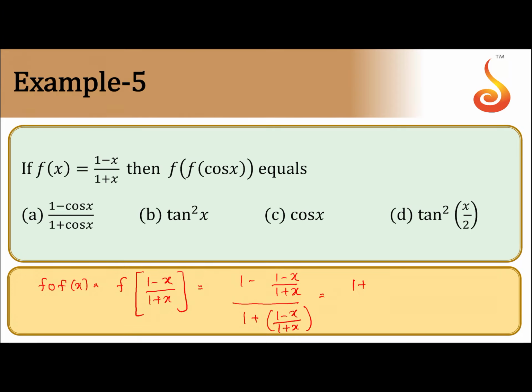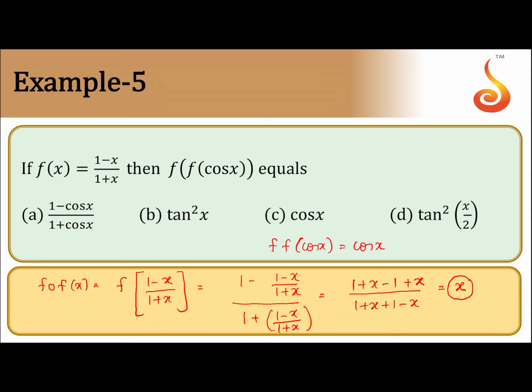So we get 1 plus x minus 1 minus plus x divided by 1 plus x plus 1 minus x. Finally, we get x. So it clearly indicates that f of f cos x will give you cos x.